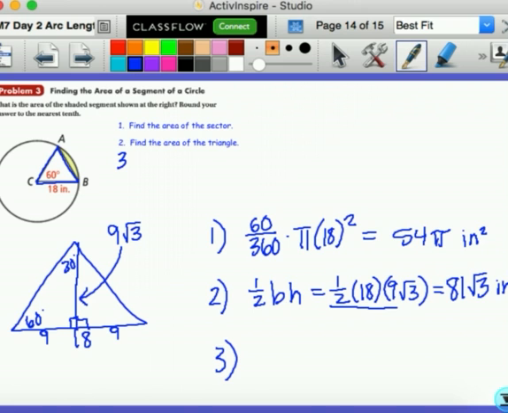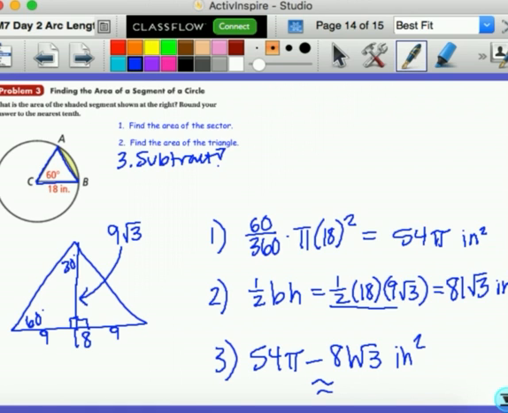So step 3, you may want to add to your notes, is going to be to subtract. So with that, I'm going to say 54 pi minus 81 square roots of 3. Now technically, we do need to include our units here, but we have left this in simplest radical form as much as we can. So if they do not say that we can round, this would be our final answer.